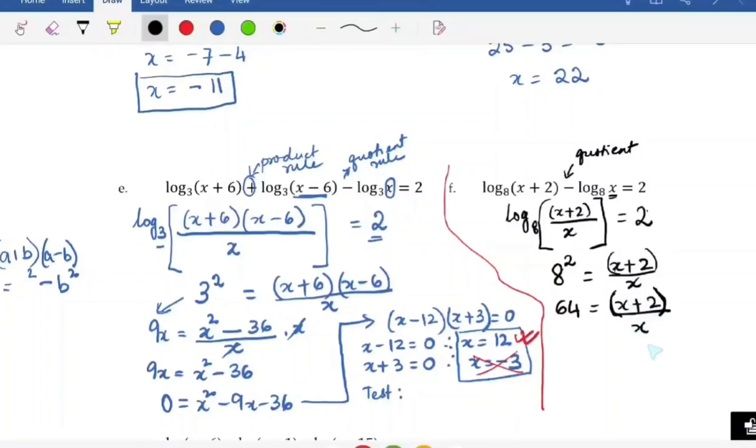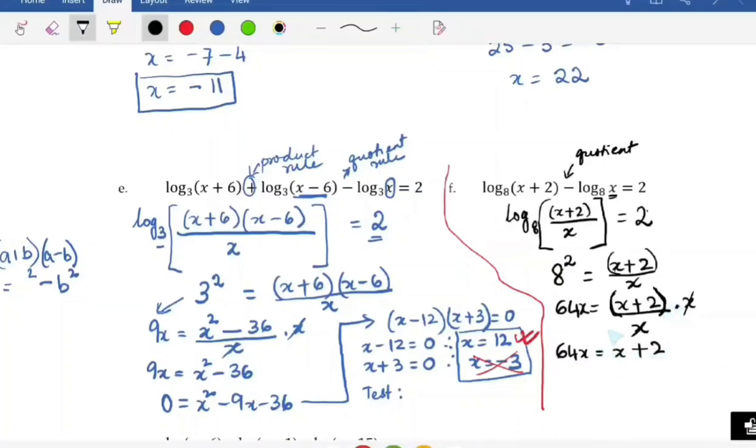But let's proceed with solving for x. We have to get rid of the denominator, x. So I multiply both sides by x, all right, and get rid of the denominator on the right-hand side. And we end up with 64x equals x plus 2, correct?